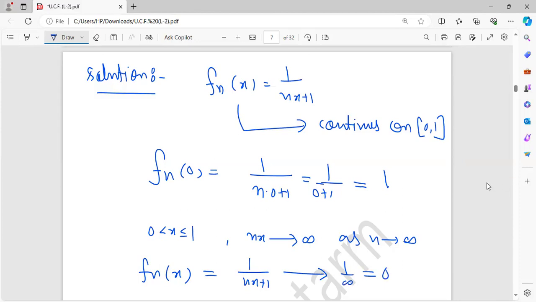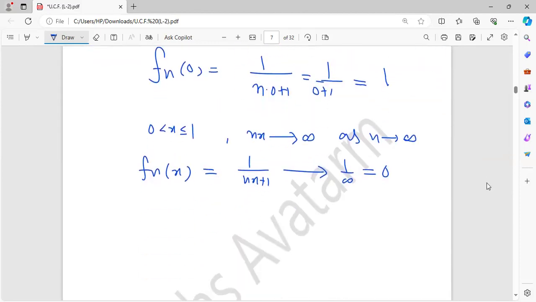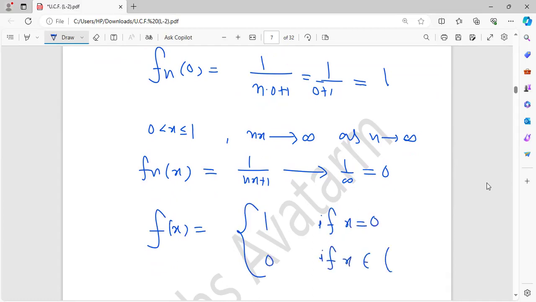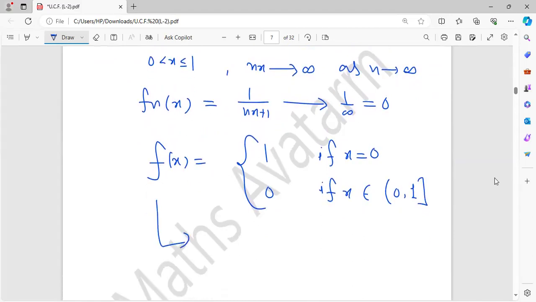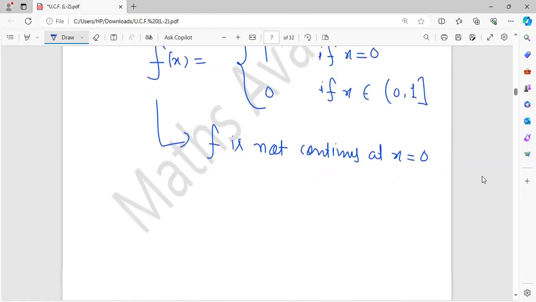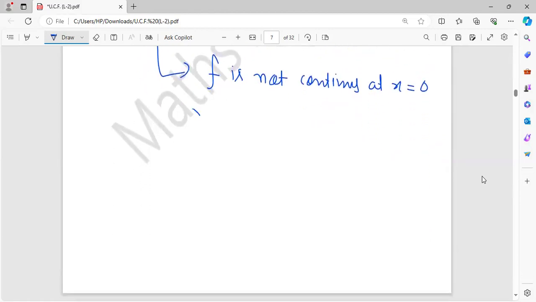So what is the pointwise limit of fn? Pointwise limit is 1 if x is 0 and 0 otherwise. So we see that f is not continuous at x is equal to 0. Each fn is continuous, but its pointwise limit function is not continuous, and fn converges to f pointwise.